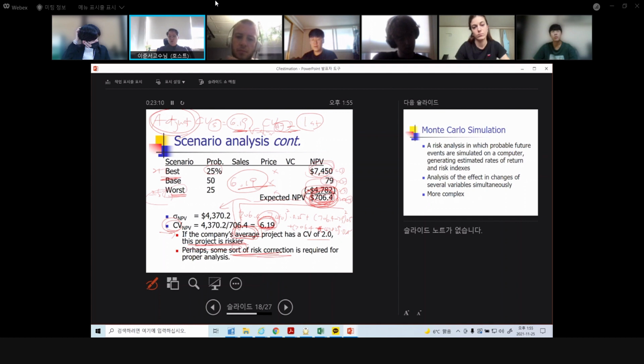So the real net present value is definitely lower than this expected net present value, because this project is riskier than the average project conducted by the same company. So we need to decrease the net present value compared to the original value.